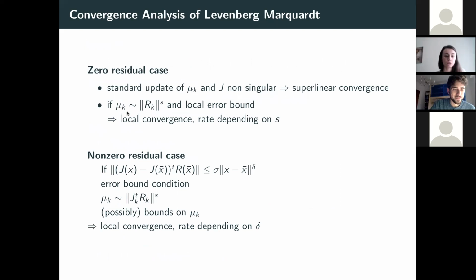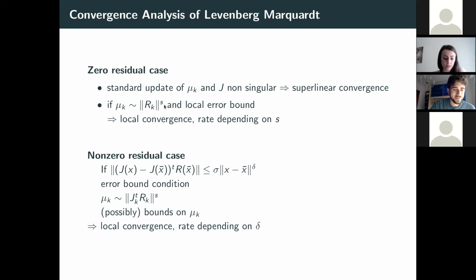If we choose μk depending on the value of the objective function, then we can drop the non-singularity assumption, and it's enough to have that local error bound condition that I showed before. And in this case, we can prove local convergence that goes between superlinear and quadratic, and the rate depends on this S.